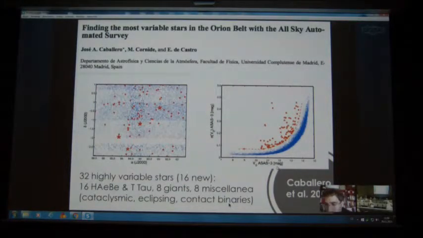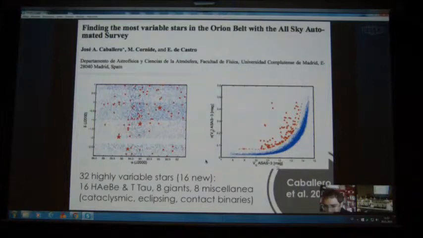Of course, one can go to public databases, as this one, using ASAS, the All Sky Automated Survey, made by the Poles, and look for the most variable stars in the Orion belt. And you can see again Alnitak, Alnilam, and Mintaka. Okay, so I did it, and I found 32 highly variable stars.